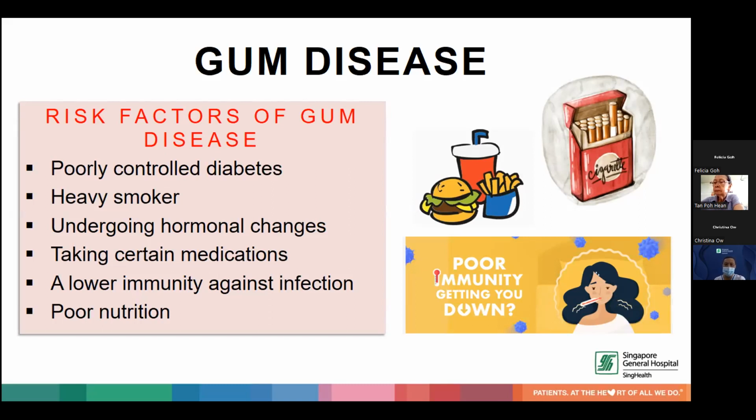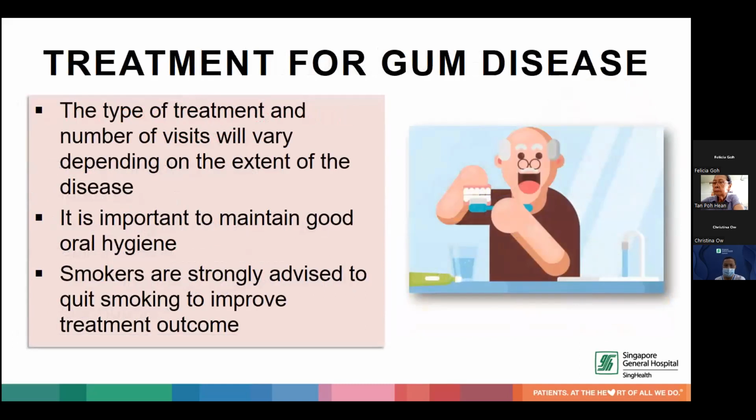For treatment of gum disease, most of the time, patients always want to know what the treatment is like and how long it will take to cure this illness. It all depends, ladies and gentlemen. The type of treatment and number of visits will vary depending on the extent of the disease.